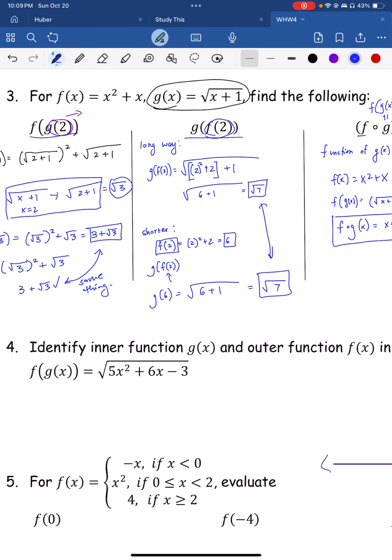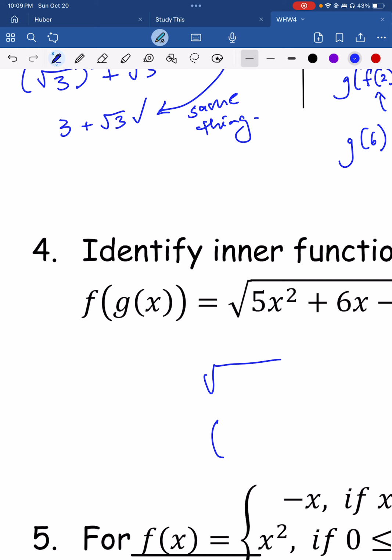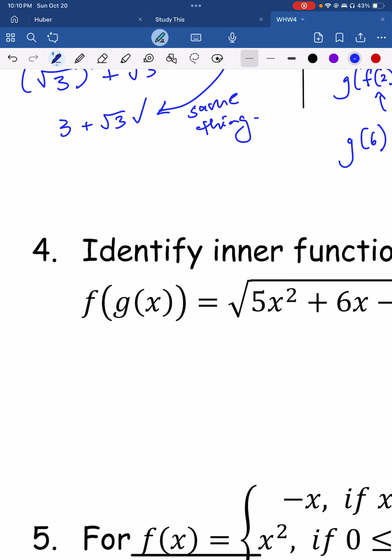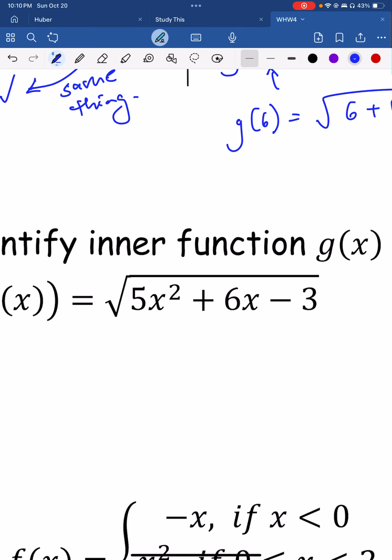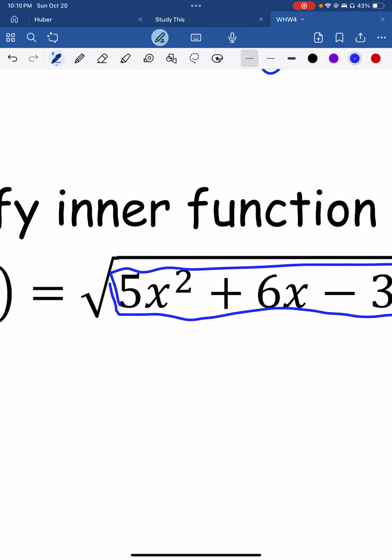Typically the rule of thumb is if there is a radical or a square of some sort to any degree, like x cubed, or even just a normal denominator, it's typically the outer function. So in this case, I know that this has to be plugged into a different function because it doesn't really work.